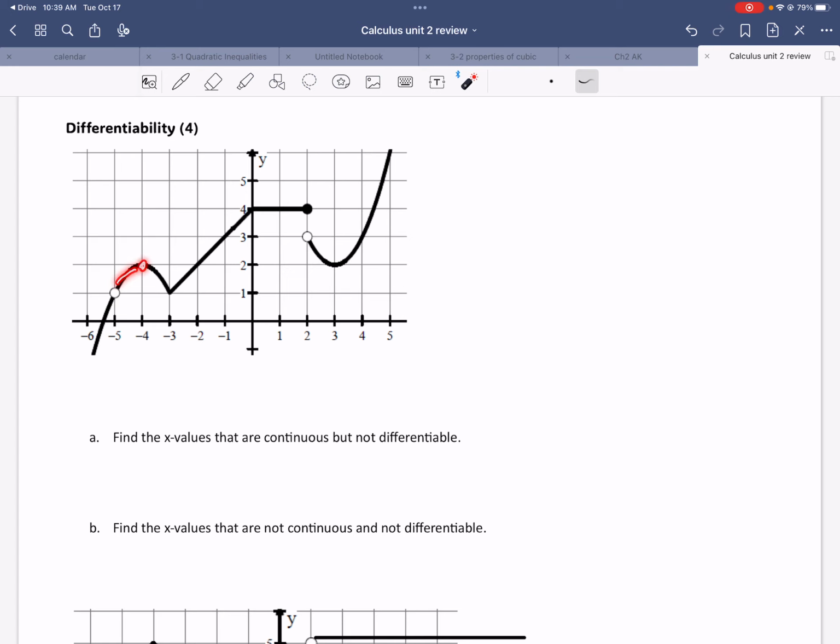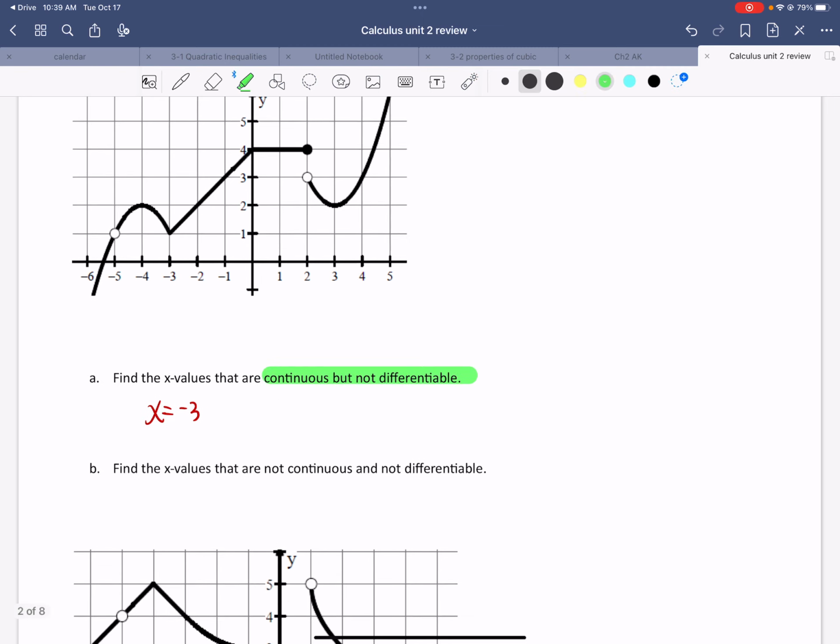This is differentiable because this one is a smooth edge. But do you see this one? It's a sudden change, like a V shape. That's not differentiable, because a sudden change is not differentiable. And this one is also a somewhat smooth change, so it's differentiable. And that's it. I don't see anything that is continuous but not differentiable.